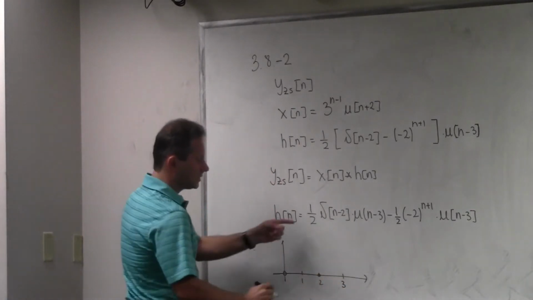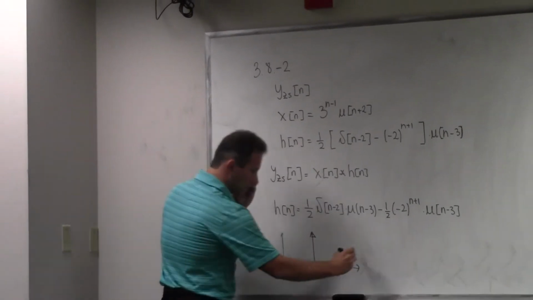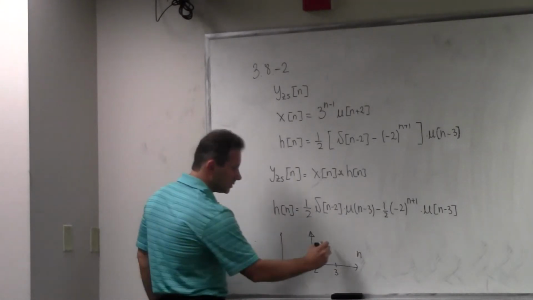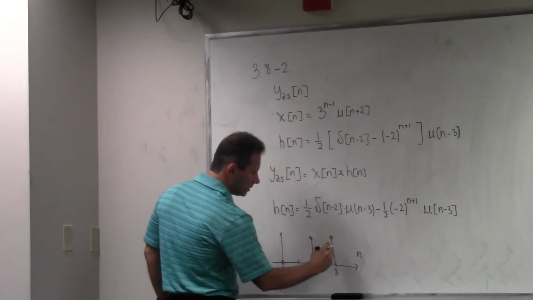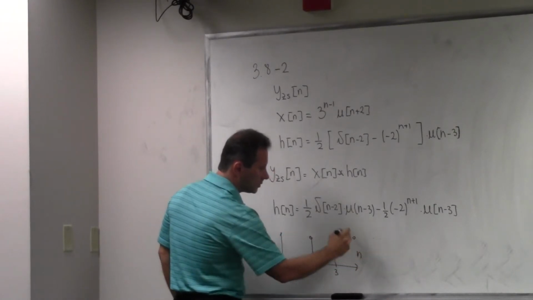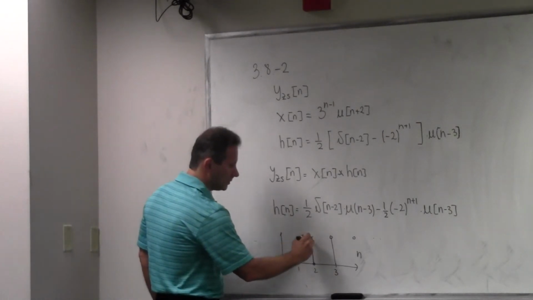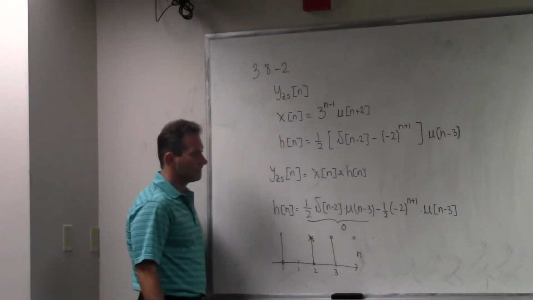Right? Where is this delta? It's here. Right? Where is this u function starting? 1/2. So it's starting from here, and then continuing this way. So what is the product of these two? 0, right? So this whole thing is 0.